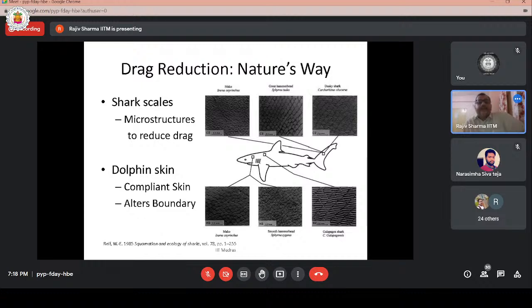Compliant skin means skin which ensures the flow doesn't remain compliant to its boundary layer. So one way you are looking at microstructures to reduce the drag. In the other possibility, you are looking at the ways by which the boundary flow or the flow at the boundary or the boundary conditions or the boundary layer can be changed.